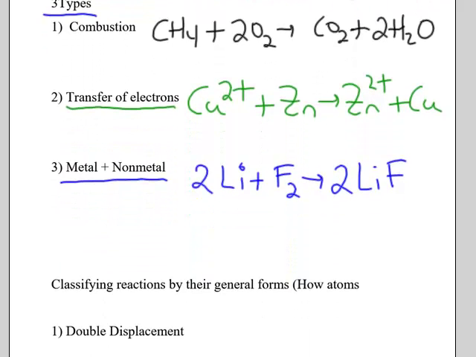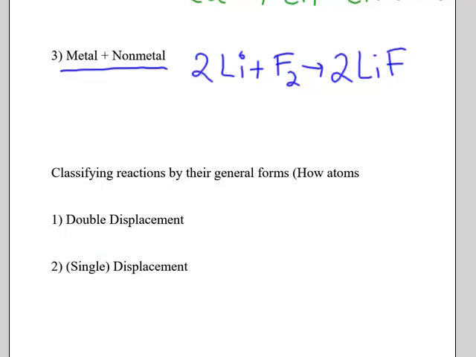Another way to look at reactions is by looking at how the atoms are rearranged. We've already seen the double displacement reaction. So we know the general form of this is we have an ionic compound, a cation and an anion, reacting with another ionic compound.